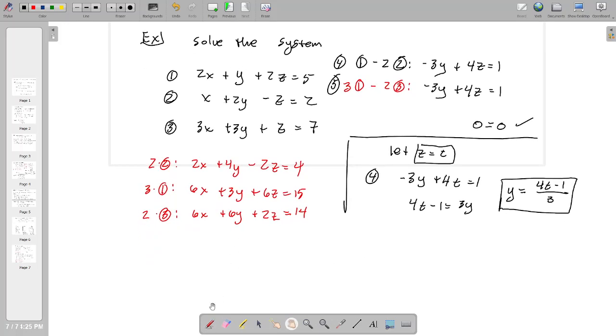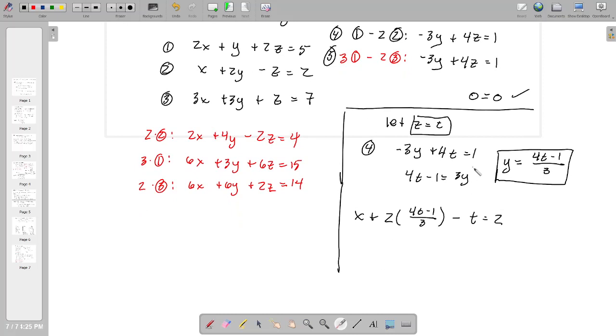And now I just need to solve for x. I'm going to use equation 2 because x doesn't have a coefficient. We say x plus 2 times y, but our y is 4t minus 1, minus z, and z is t, remember? Now, your solution will change based on which variable you set equal to t.